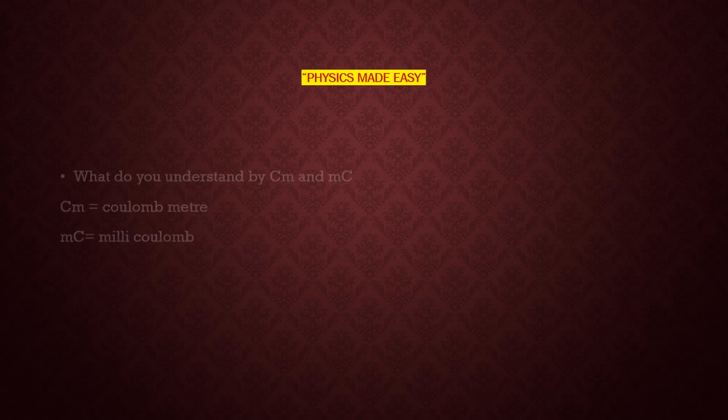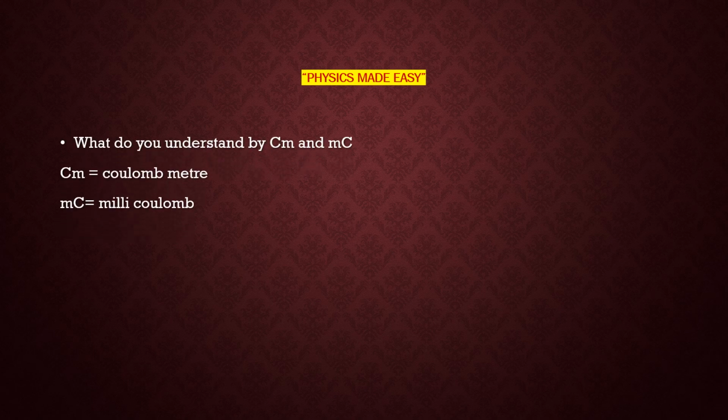So now the next question: here are the two terms Cm and mC. They look similar, but they create a lot of confusion. So what is the difference between these two terms? The first one, Cm, means coulomb meter, and mC means millicoulomb.